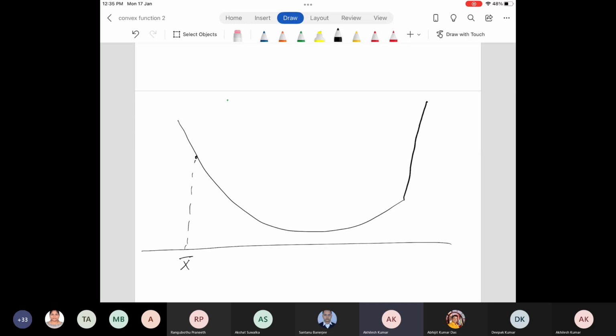How does it look? Just a tangent line at this point. You agree? Yes. This is nothing but your eta transpose.